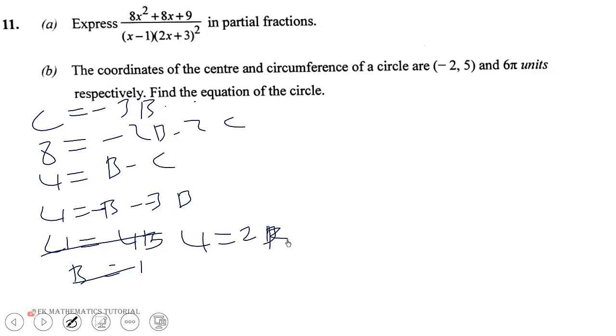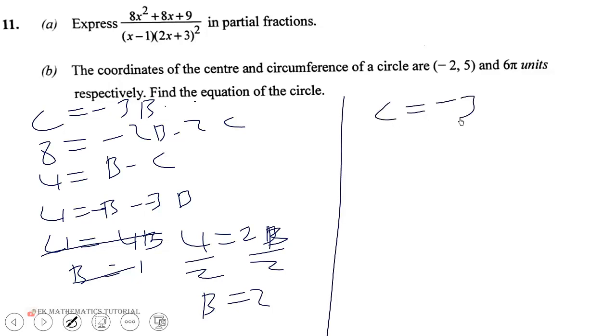So dividing both sides by 2, we have b equal to 2. So c will be equal to negative 3 times 2, which is negative 6.